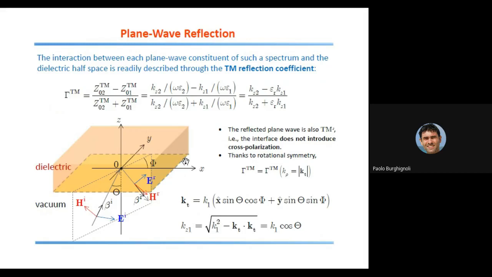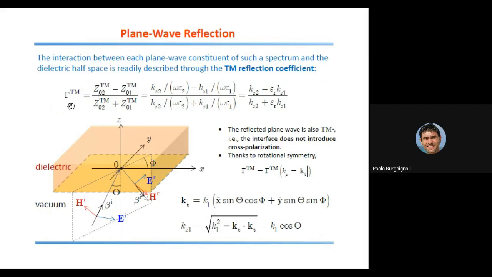In particular, since the field is purely TM, our plane wave will be vertically polarized, and so the relevant reflection coefficient is the one given here, where we need to employ the characteristic impedances of the transmission lines for TM waves.